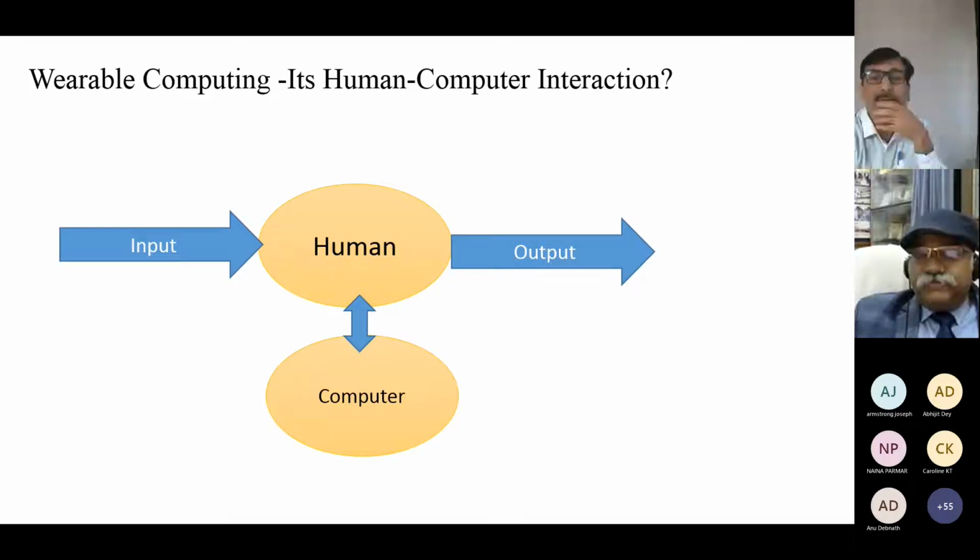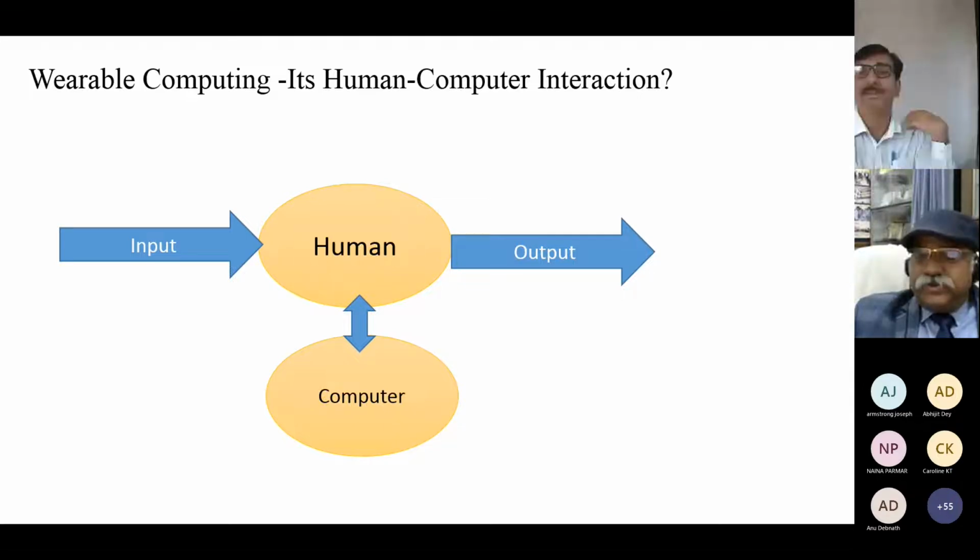As if I do not know I am interacting with the computer, but the computer is interacting with me. If the computer is watching my activity, measuring some parameters and signals, processing them, and giving some feedback or action to me without my knowing, it is again human-computer interaction. So you can say wearable computing is human and computer interaction.